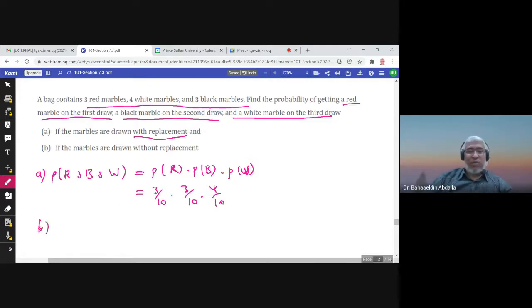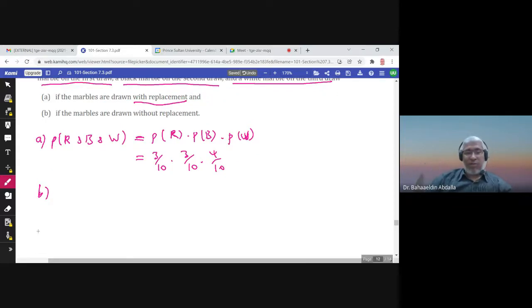But for part B, without replacement, here the probability is not going to be their product. Here you have to use conditional probability, okay? So it's probability of R times probability of B given R times probability of W given B and R. So it is not a simple product because they are not independent in this case.